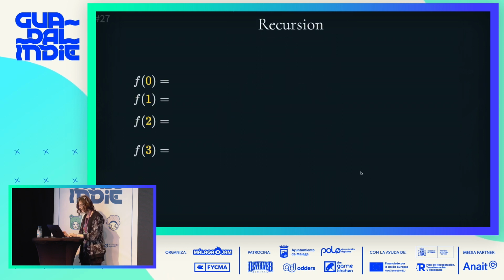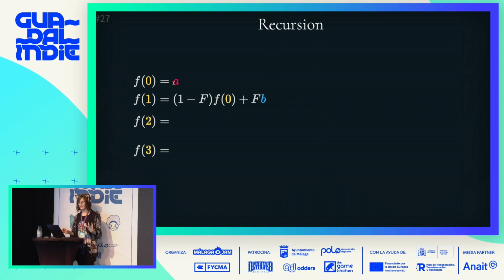So this is a recurrence relation, and it's kind of like a recursive function. If we write out the first 4 frames, then we might be able to deduce a pattern here. For the initial value, that's just a by definition. But the next value is going to make use of the previous value here, f0, which is equal to a.